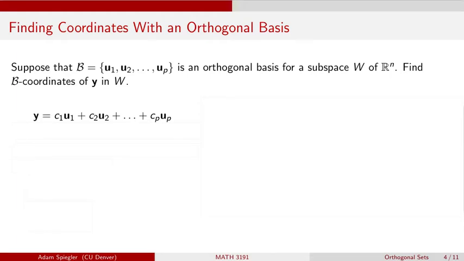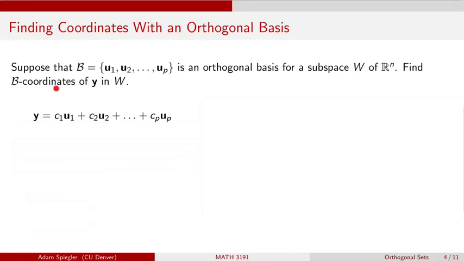Okay, so let's take a look at why an orthogonal basis might be a particularly nice basis to choose for a vector space or some subspace of a vector space. So let's consider some subspace W of Rn, and let B, which consists of the vectors u1, u2, up to up, be an orthogonal basis for this subspace W. And now let's take some arbitrary vector, y, in this subspace W, and let's find B coordinates for this vector y.